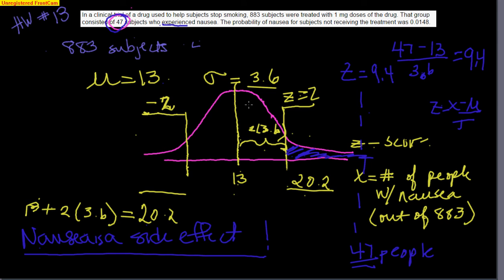It's 9.4 standard deviations above the mean, that would just be so unlikely to happen. So if it happened in this case, I think we can conclude that the drug is playing some part in that. Give that problem a try. This is when statistics is really fun because we see how it's applicable in actual studies.